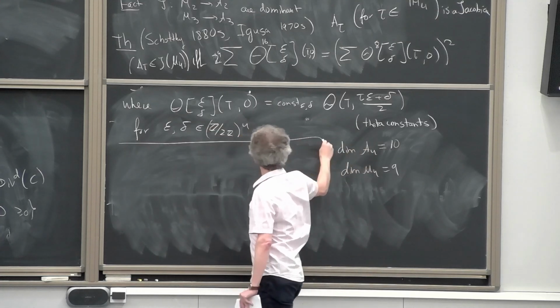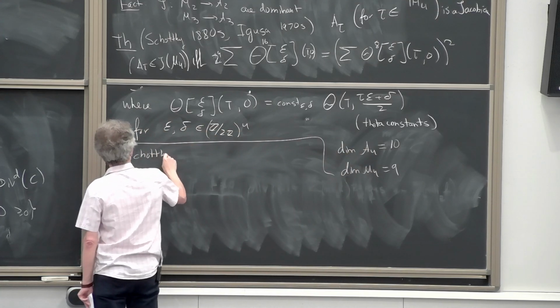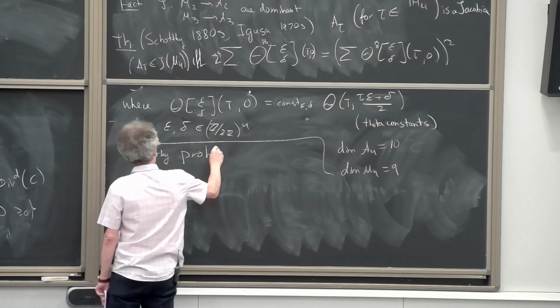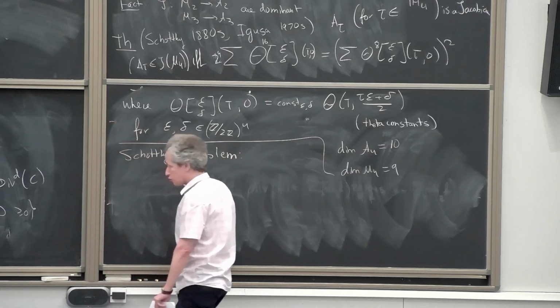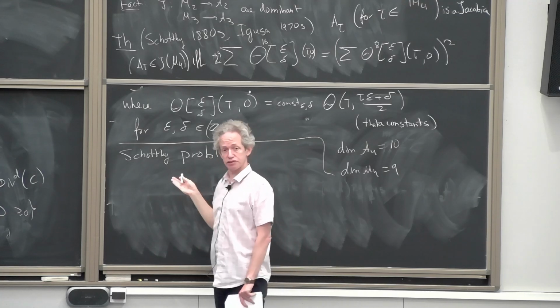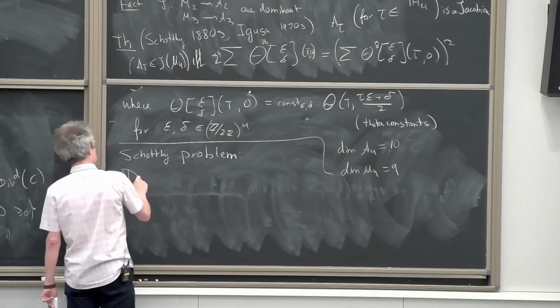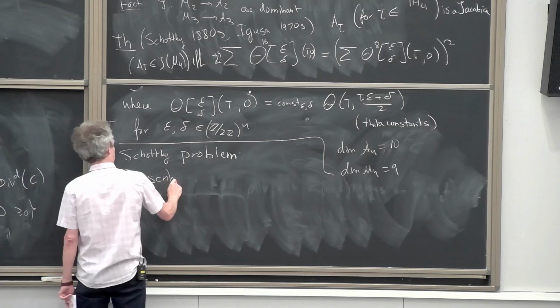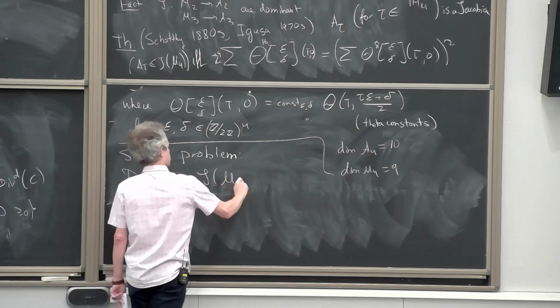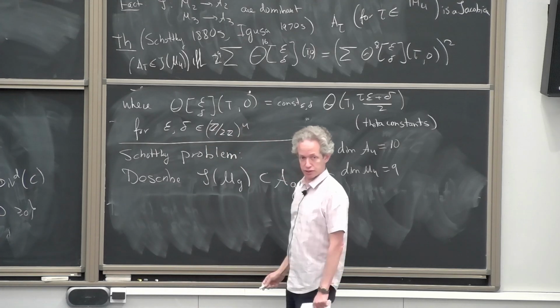So the Schottky problem is the following problem, which is really the goal of this lecture, to present you a solution to the Schottky problem due to Igor Krichever by flexes of the Kummer variety. We're getting there. It is to describe the locus of Jacobians of curves within the moduli space of abelian varieties.